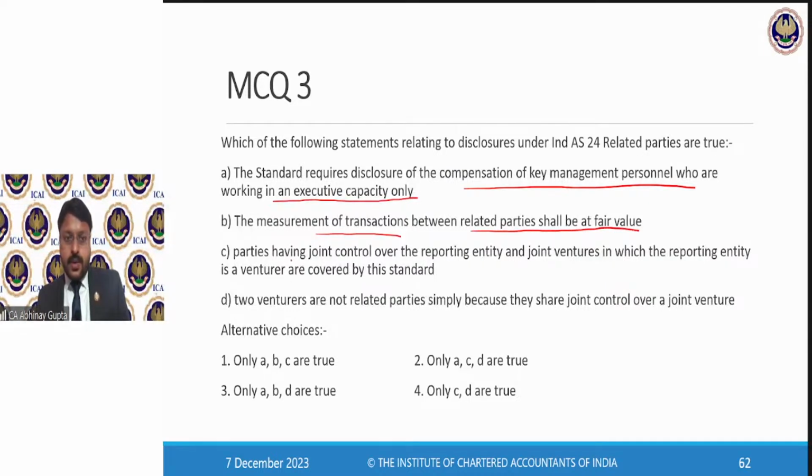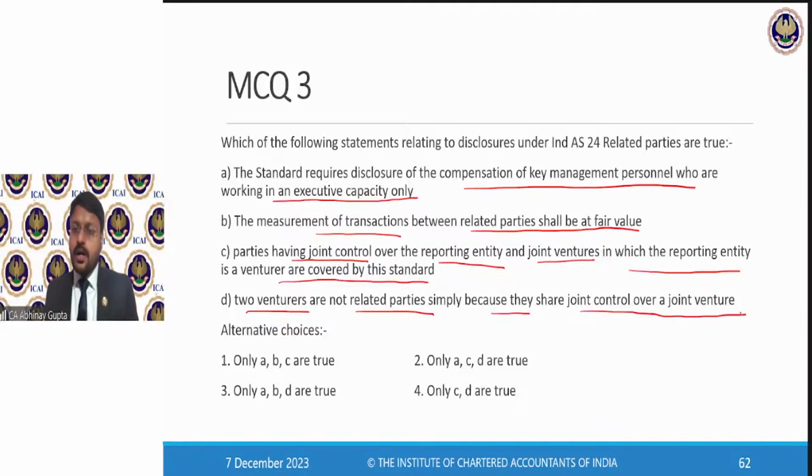Statement C. Parties having joint control over the reporting entity and the joint ventures in which the reporting entity is a venturer are covered by this standard. And statement D. Two venturers are not related parties simply because they share the joint control over a joint venture. Now, alternative options are A, B, C are true, A, C, D are true, A, B, D are true, C, D are true. So option 1, 2, 3, 4.